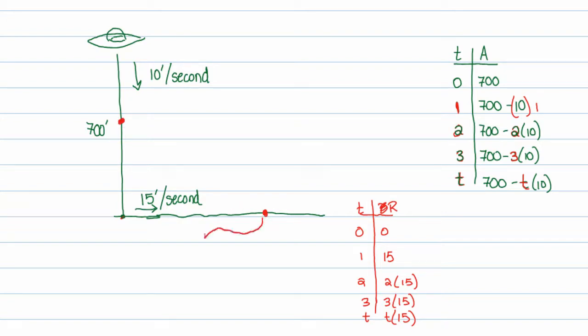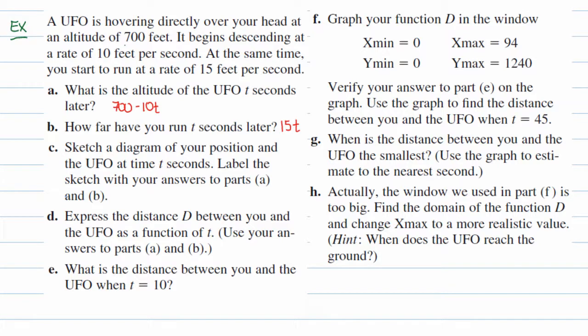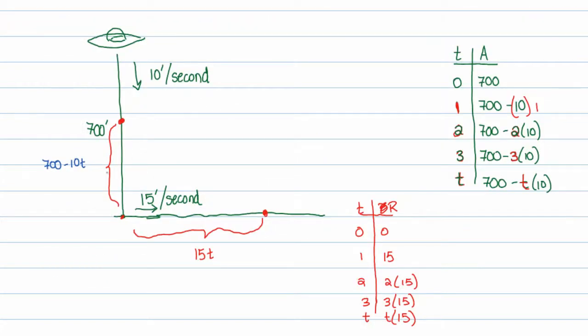So this distance right here is 15t, and this distance right here is 700 minus 10t. Because again, what is the altitude of the UFO? So that's the altitude, 700 minus 10t.